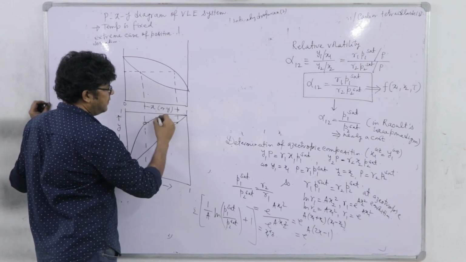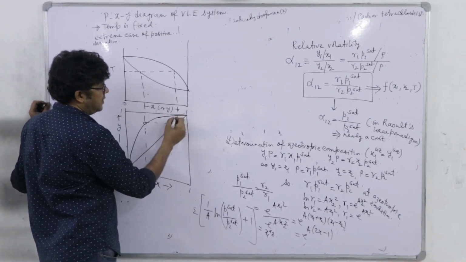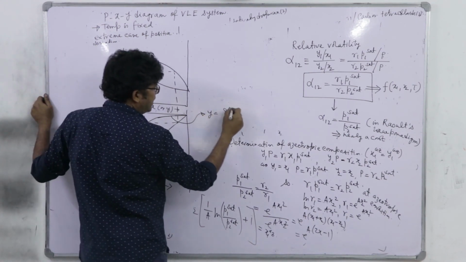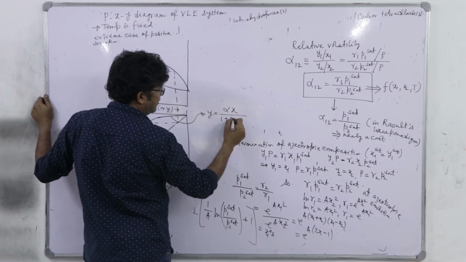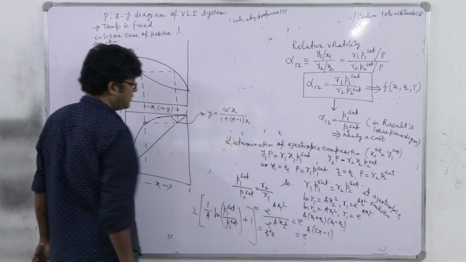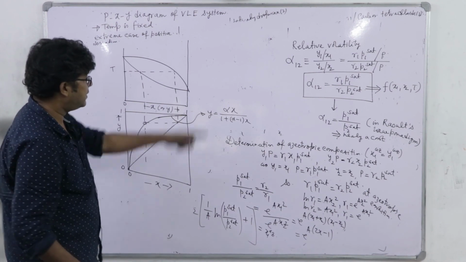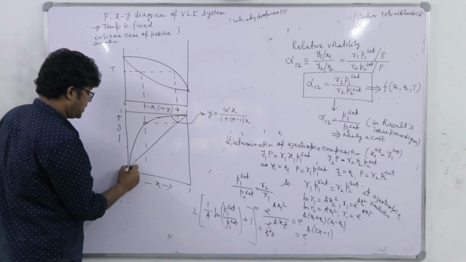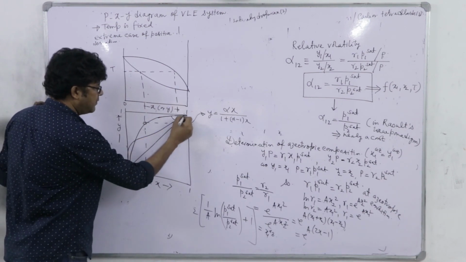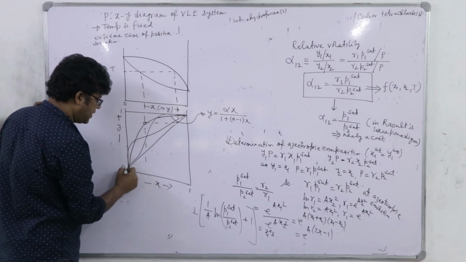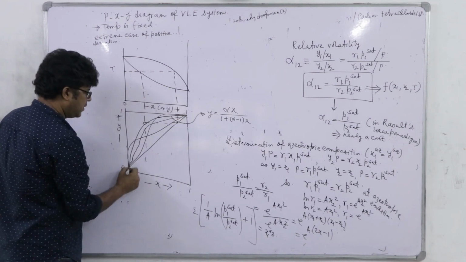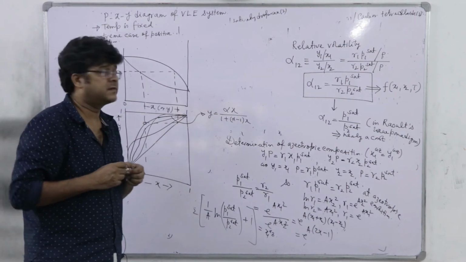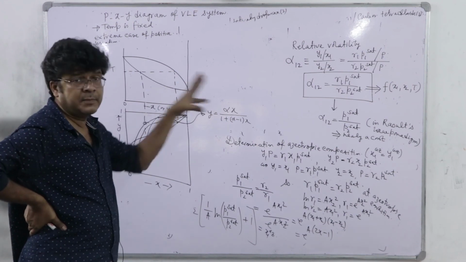So here this curve is for the Raoult's law paradigm, where we have a relation y is equal to alpha x divided by 1 plus alpha minus 1 into x, where alpha is constant. So this sort of curve may result, right. However, if alpha goes on changing with x1 and x2, we can have this sort of curve having a point of inflection, and we can also have this sort of irregular curve, depending on the functionality of gamma 1 and gamma 2 appropriate for this system.